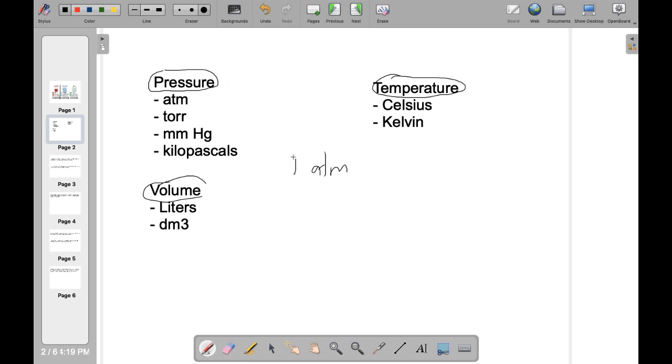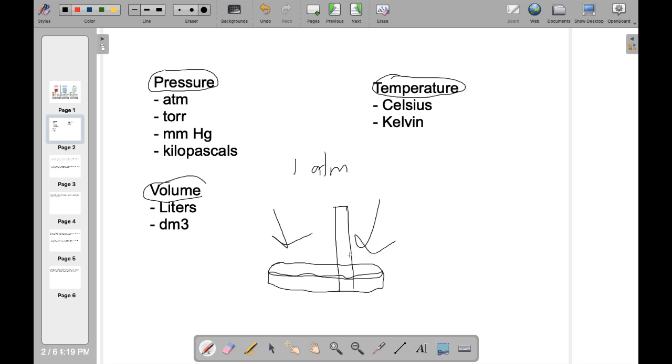Torr and millimeters of mercury are equivalent. Back in the day, people would have a little container full of liquid mercury, and then you would put a glass tube in here. When pressure was greater, the mercury went up this glass tube, and then you could measure where the mercury was on this glass tube.